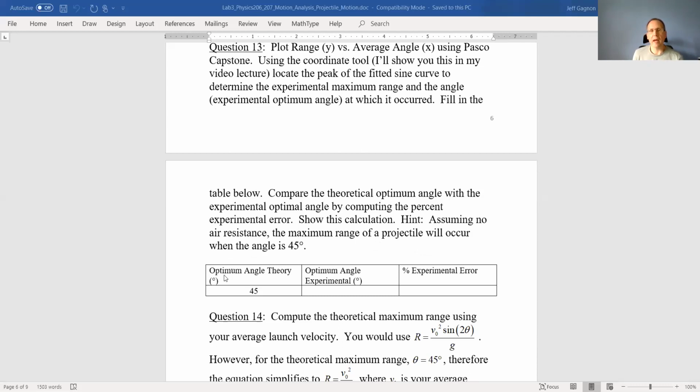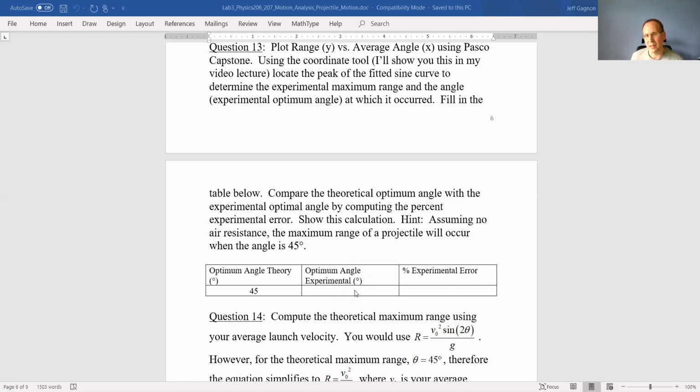In theory, if we ignore air resistance, 45 degrees should give us the maximum range, so I've already put that in here. The optimal angle experimental is going to be the value from your graph. When you locate the peak of the curve with that coordinate tool, you want to record the angle value.